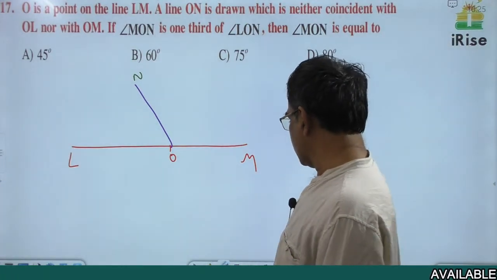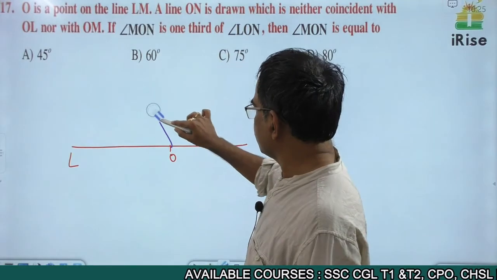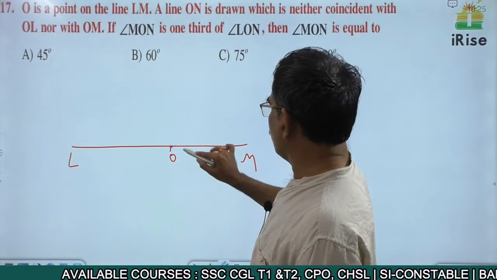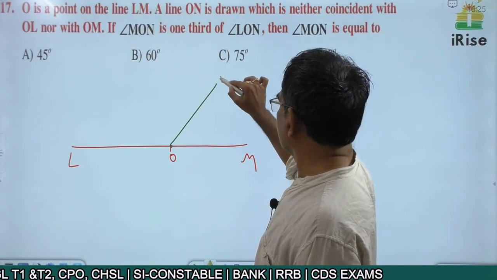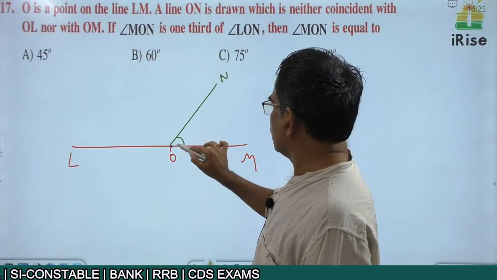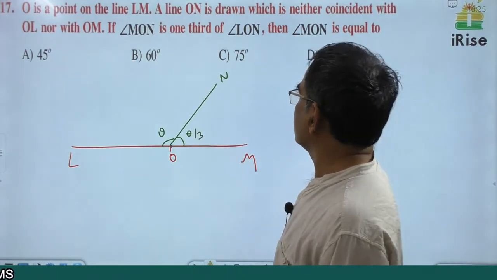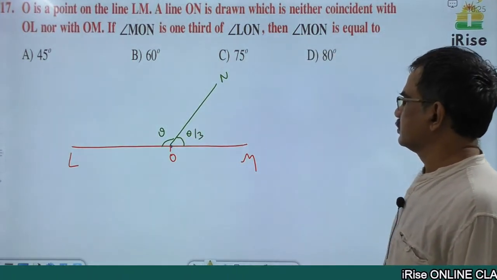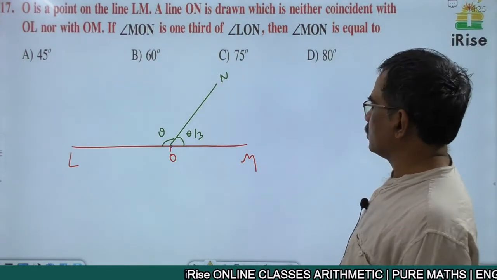So I want to draw this like this. MON is 1/3 of LON. If this is theta, this is theta by 3. Then what is MON equal to?